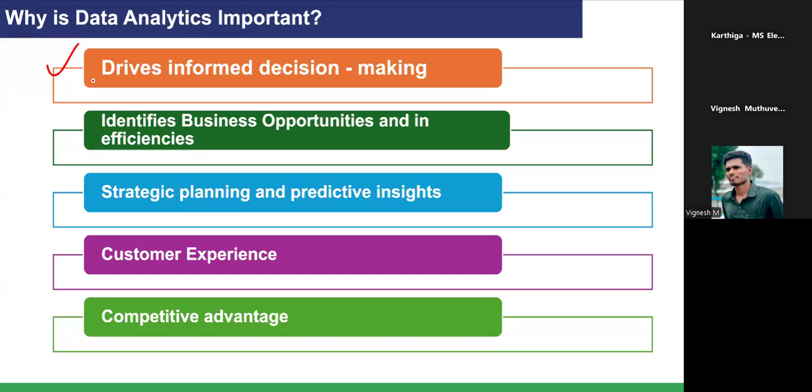Then, identify the opportunities and inefficiencies. Let's say I'm having one retail chain. I'm from Chennai, so it is a metropolitan city. Let's say one top brand is there. Top brand will have multiple branches, right?